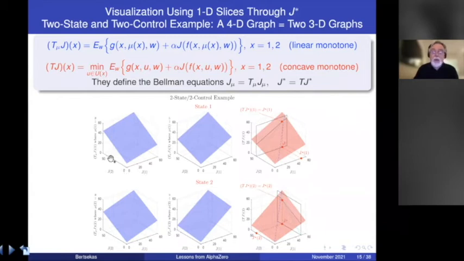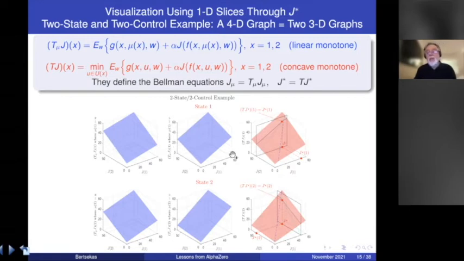So for state 1, there are two controls here. Each control has a linear graph. It's the blue graph that you see here. Here is J1, J2, and this is the linear function T mu sub j's of 1 for state 1.